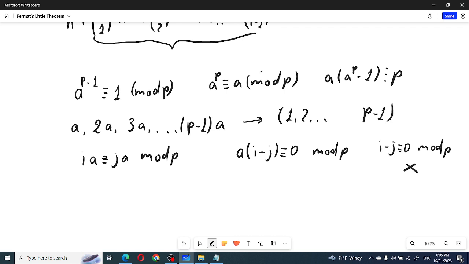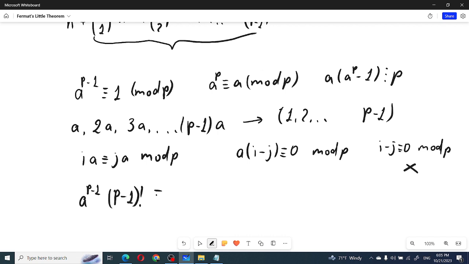So if we take the product of these numbers, it must be equal to the product of the numbers from 1 to p minus 1, mod p. Now look at the product on the left hand side. That would be a to the p minus 1 power times p minus 1 factorial.